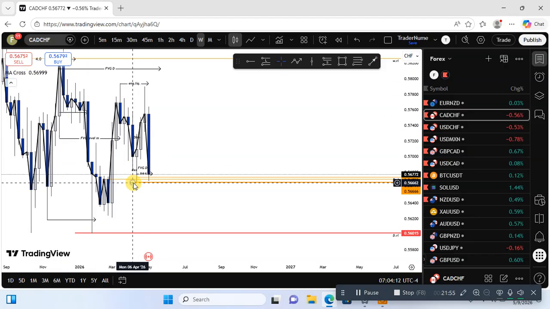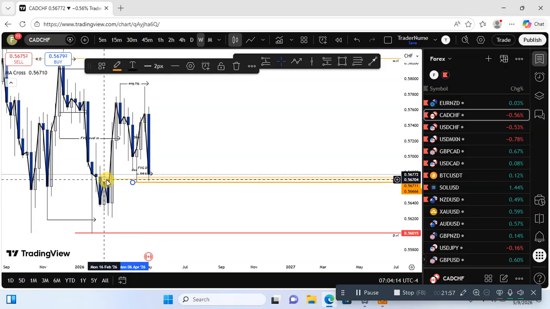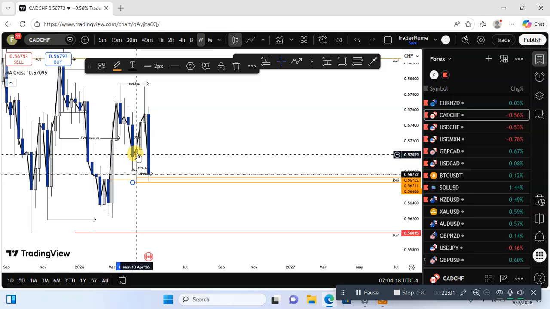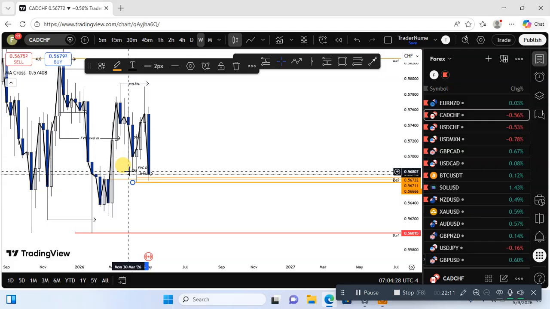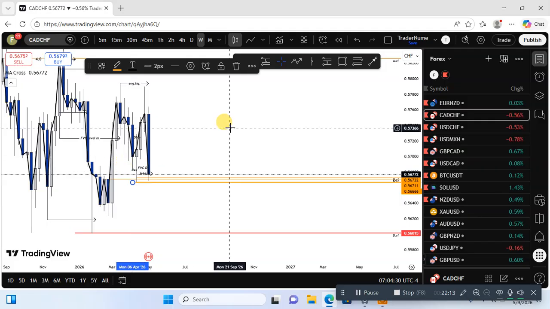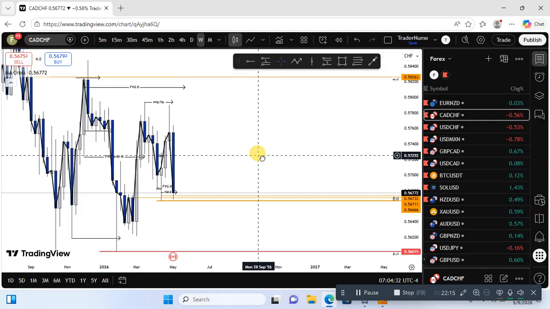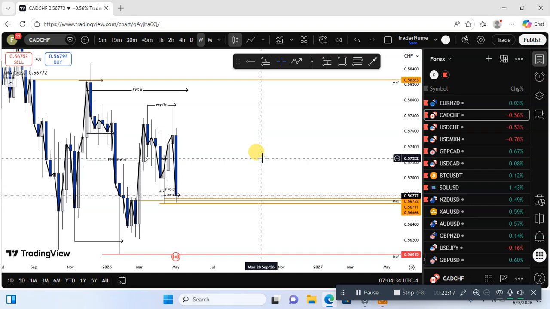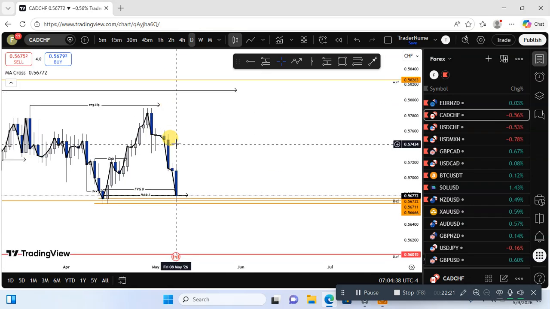You see that this is a weekly key level and price tapped on it and rejected. A bullish candle swept liquidity and closed above. Once we see that price has reacted like that, we just switch to the next time frame, which is the daily.